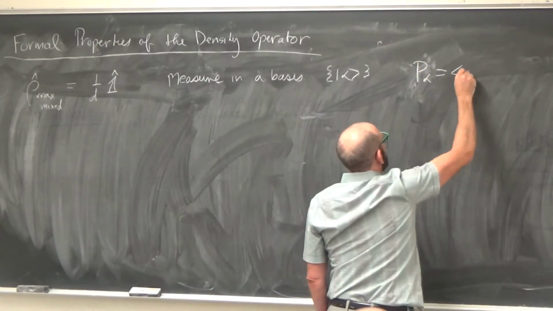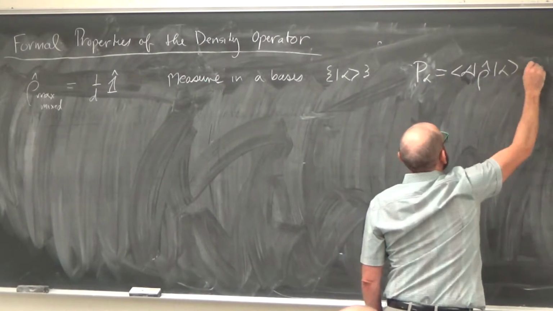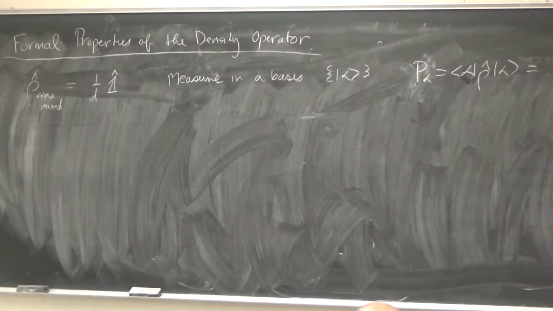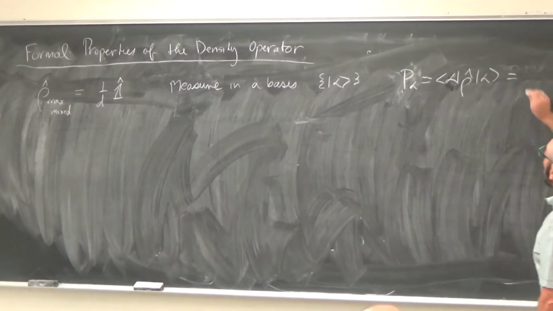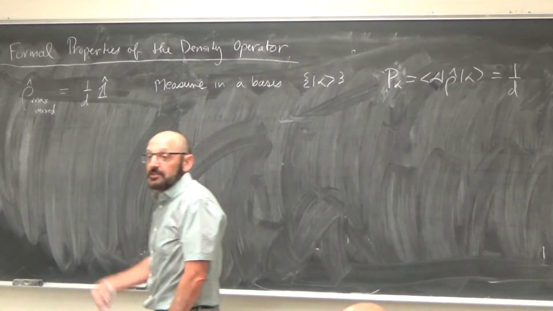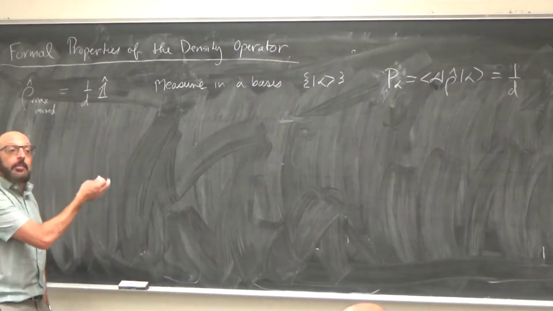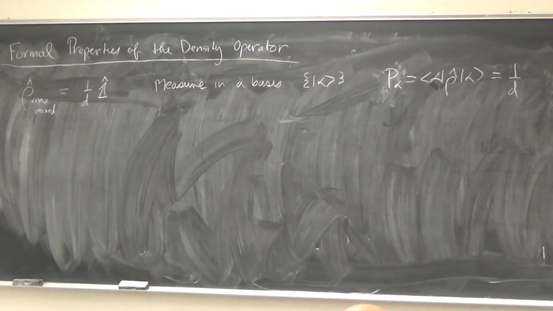According to the rule, I look at the diagonal matrix element of the density operator, which is what? 1 over d. No matter what I measure, I'm always just going to get a completely random outcome. A completely random outcome in d dimensions is 1 over d.